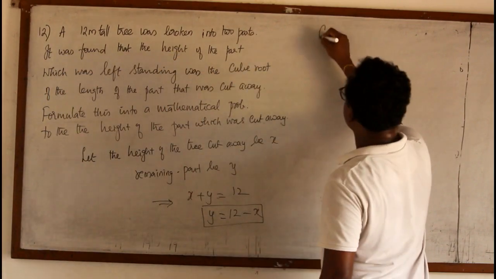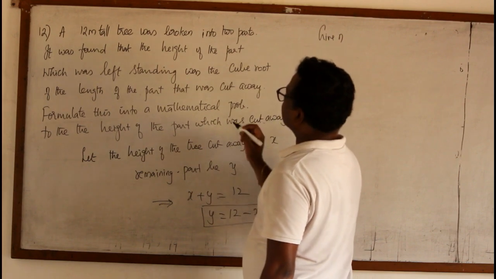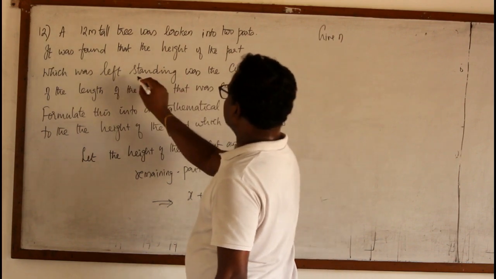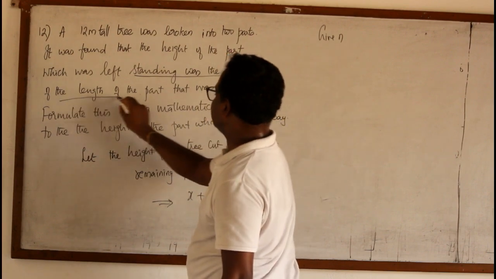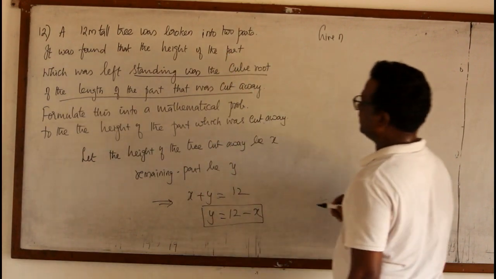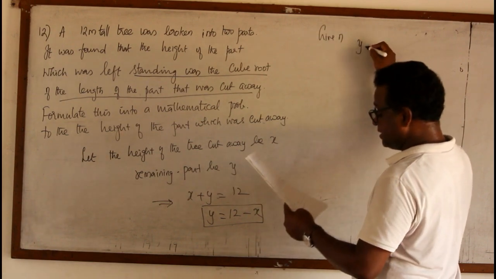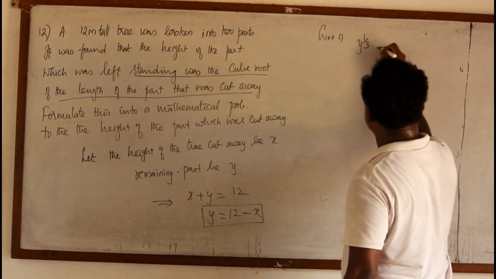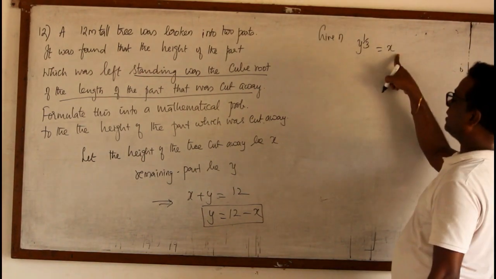But given the standing part was the cube root of the length of the part that was cut away. The standing part is y, whose cube root is x.